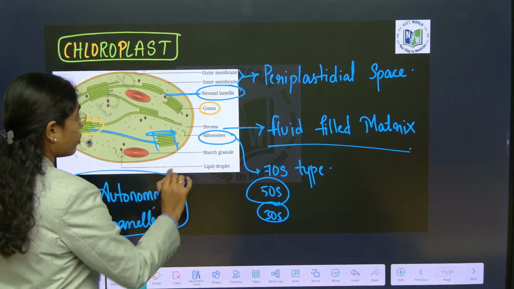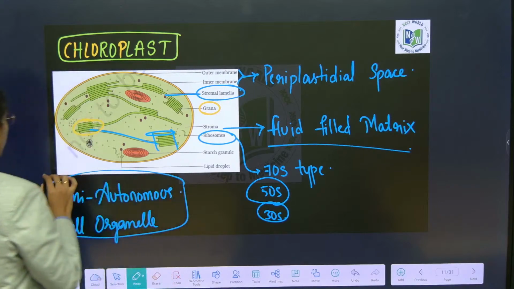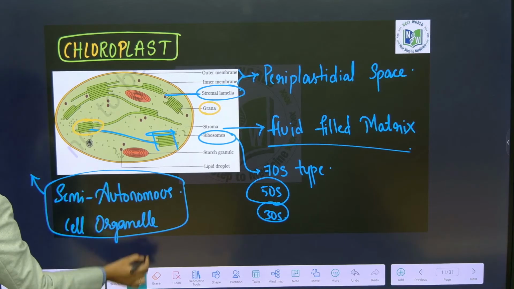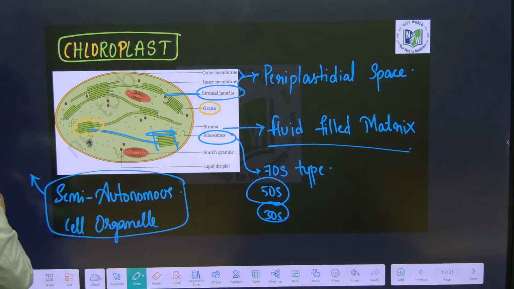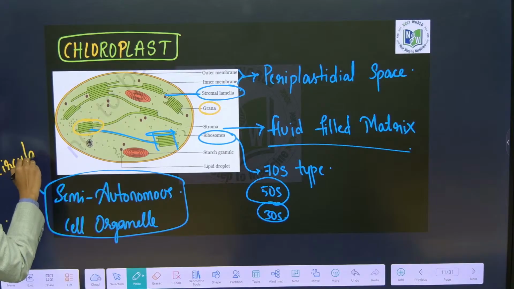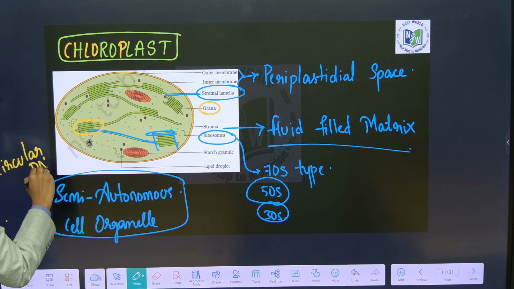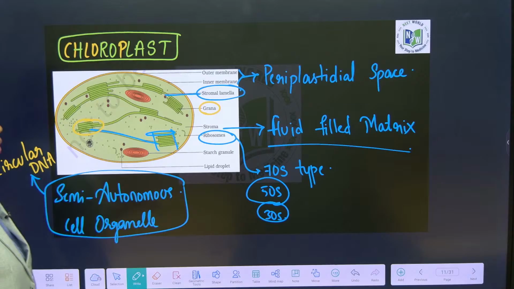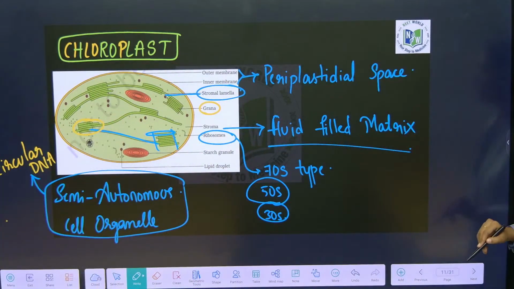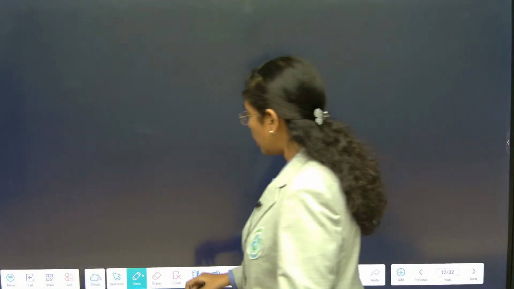It consists of a double-stranded circular DNA. Clear till here? Any doubt anywhere? Now, we will look into the events that happen in photosynthesis.